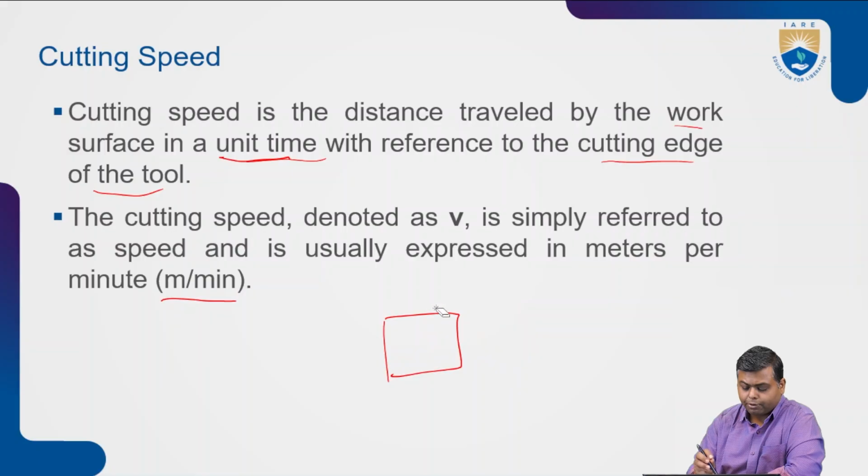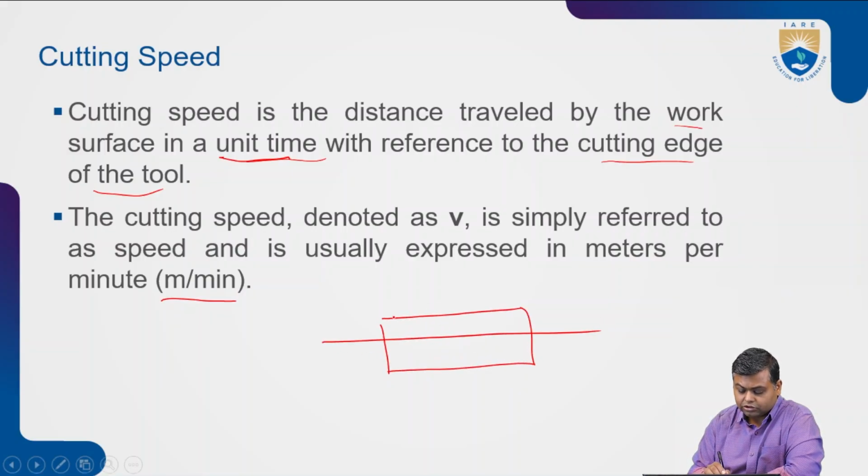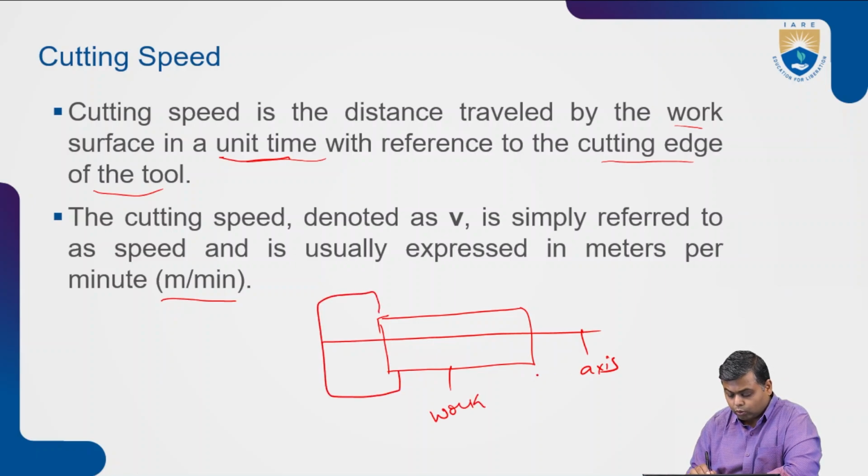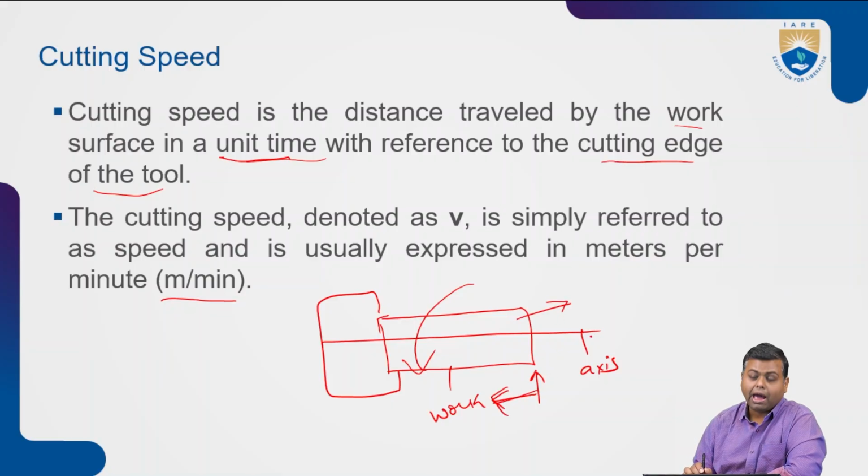If we consider a lathe machining operation, that is a general turning operation, this is the workpiece and this is the axis of the workpiece, which is fitted into the chuck of the lathe. Now the tool will be moving parallel to the axis of the workpiece. The work surface travels a distance in unit time, that is, the speed at which the workpiece is rotating when the tool moves parallel to the axis.